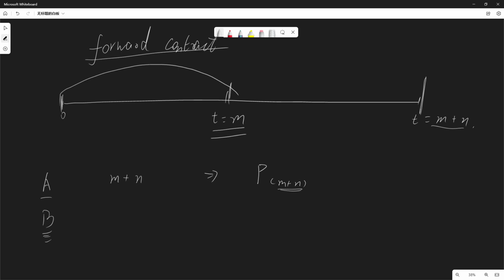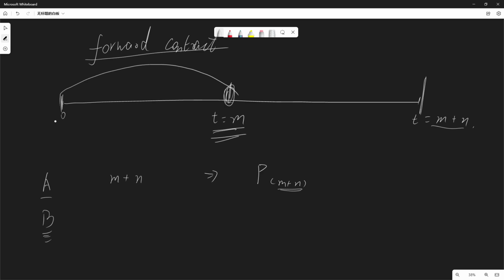So essentially, B enters into a contract to purchase a certain bond, but that transaction will happen at time m.